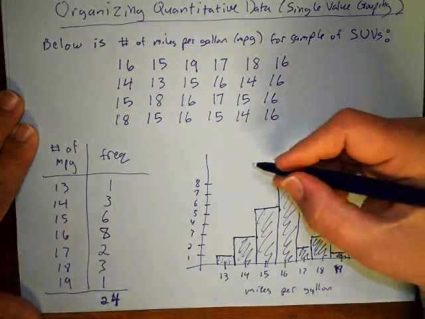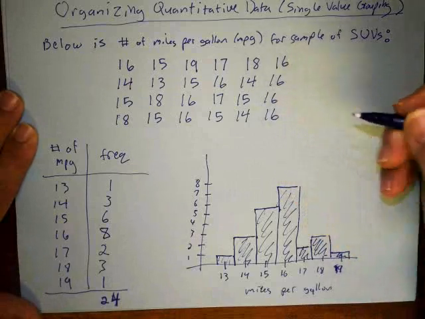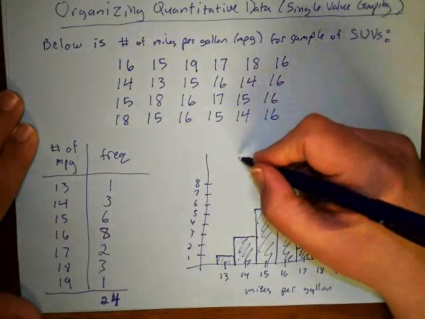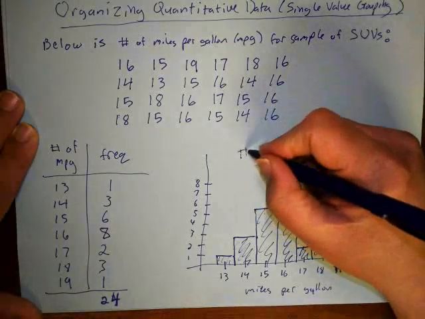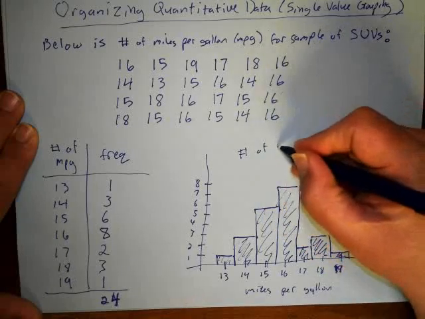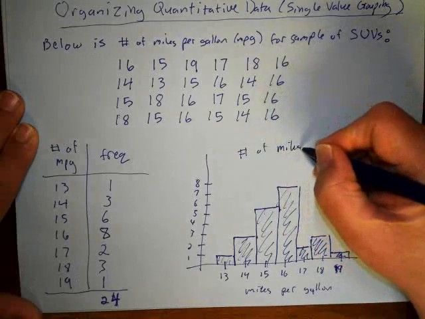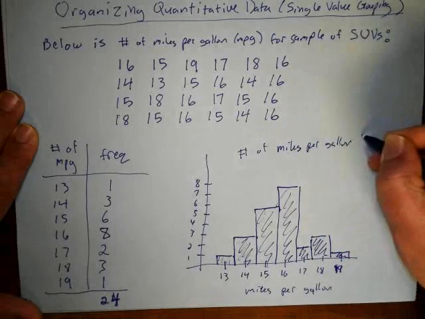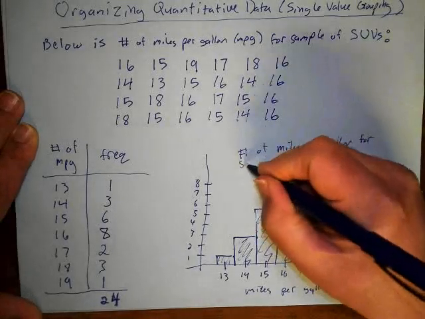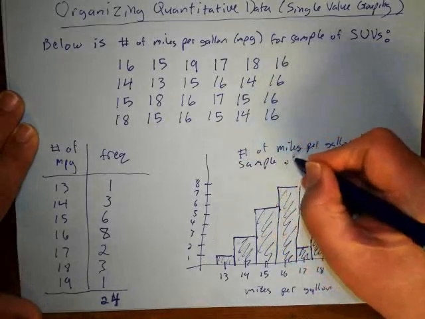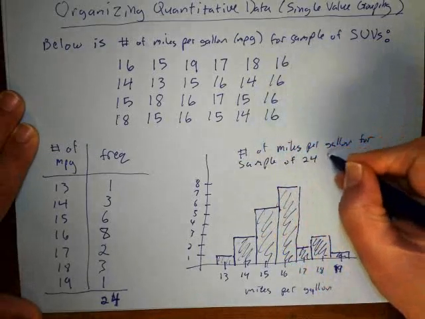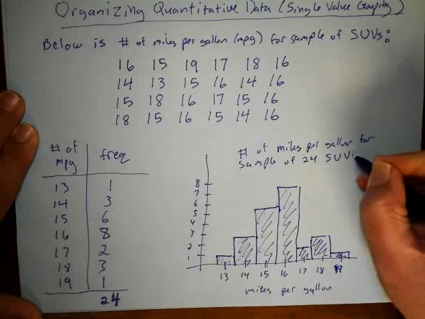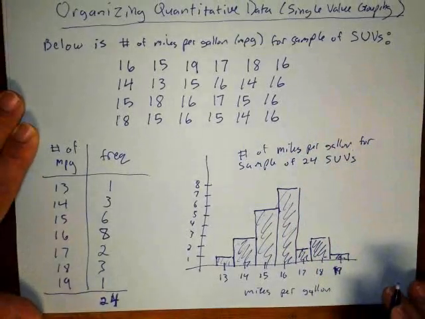And so I could say, number of miles per gallon for a sample of 24 SUVs, and that would be a good title.